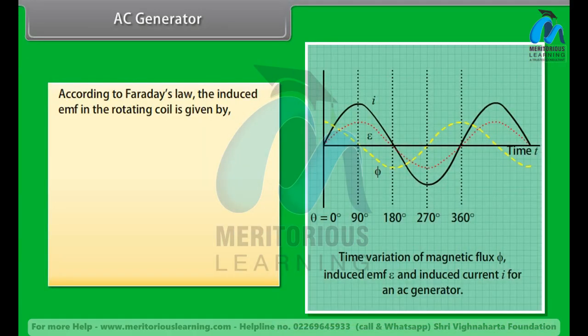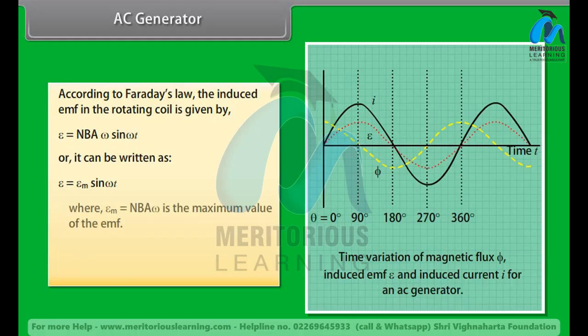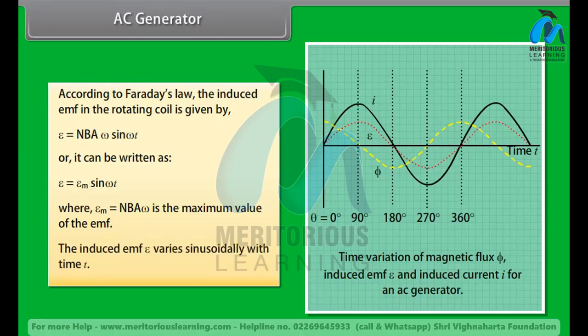According to Faraday's law, the induced EMF in the rotating coil is given by NBA ω sin ωt, or it can be written as E equals Em sin ωt, where Em equals NBA ω is the maximum value of the EMF. The induced EMF varies sinusoidally with time.